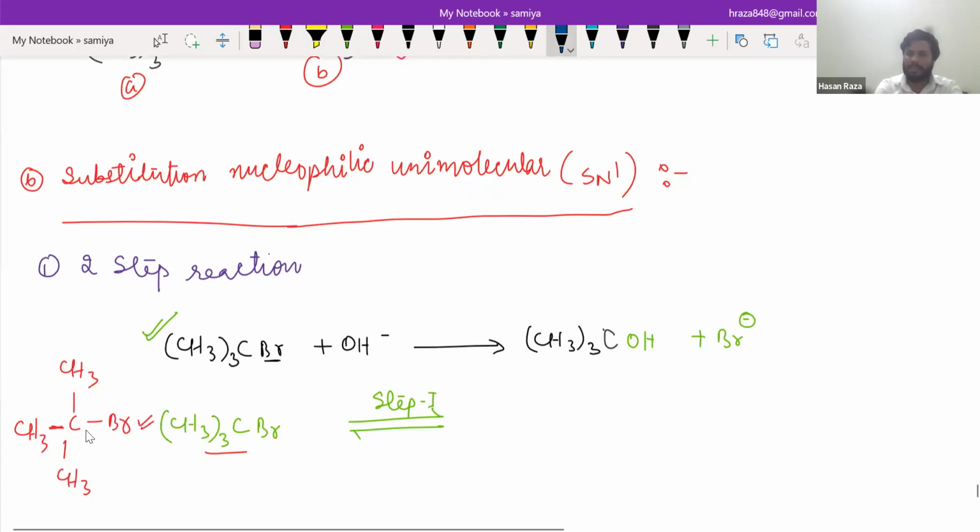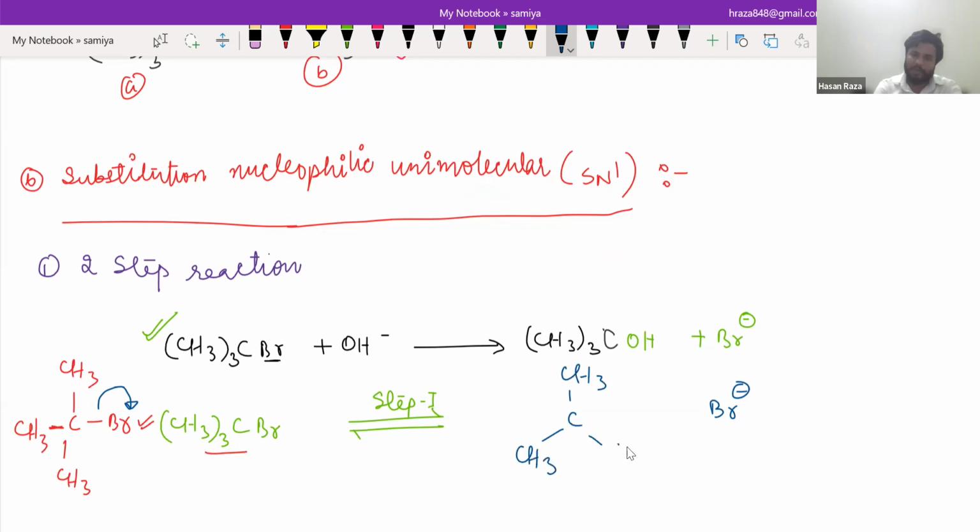Now what happens here is very easy. You can see this is a tertiary halide. Br will take the electron from carbon and form Br minus. Now there will be a positive charge on carbon because carbon donated its electron to Br. So it will be C with CH3, CH3, and CH3, and a positive charge.